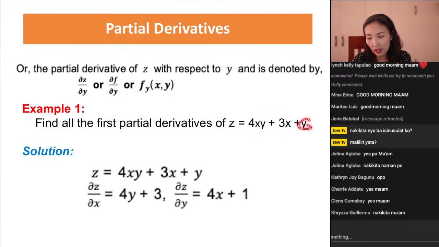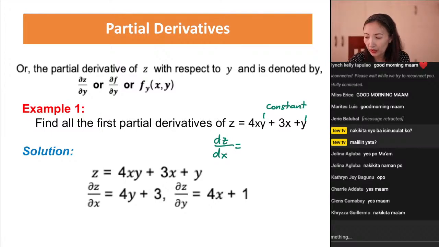Now, if we differentiate with respect to x, then treat y as a constant. So, if we have 4xy, the derivative of z with respect to x, y is constant. So, treat y as a constant.